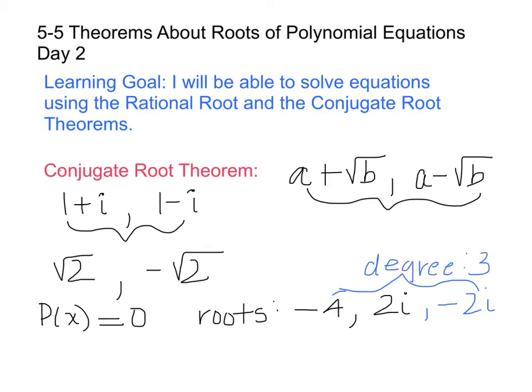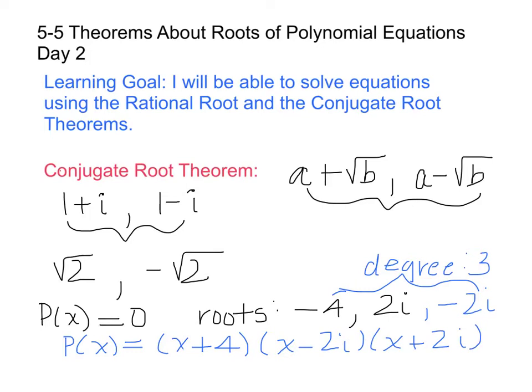So when you write out your factors, it's going to be x plus 4, x minus 2i and x plus 2i. And then you would FOIL it like before to get your polynomial. So I'll actually FOIL this out on the next page so you can see how it looks.